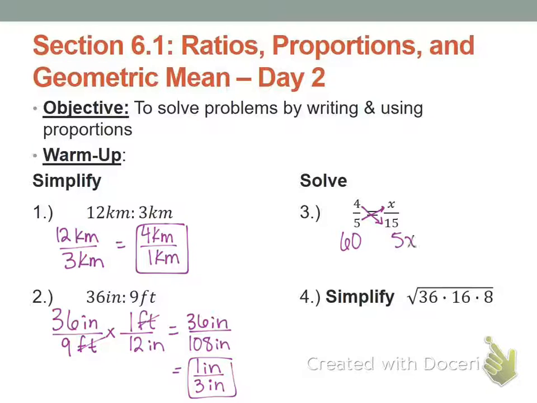What symbol goes in between those products? An equals sign. For some reason, some students like to try to turn these into fractions right away, which doesn't really work out. Last thing to solve, divide by 5, x equals 12. Questions, concerns on number 3?